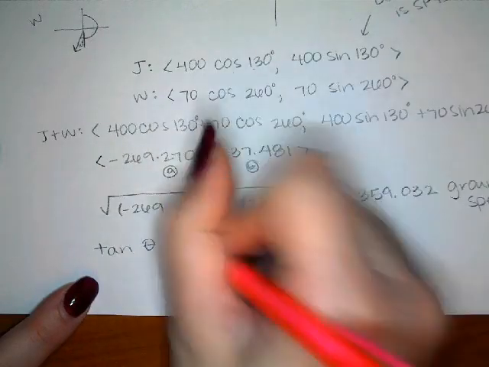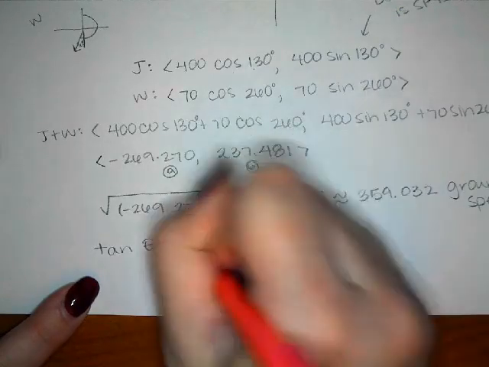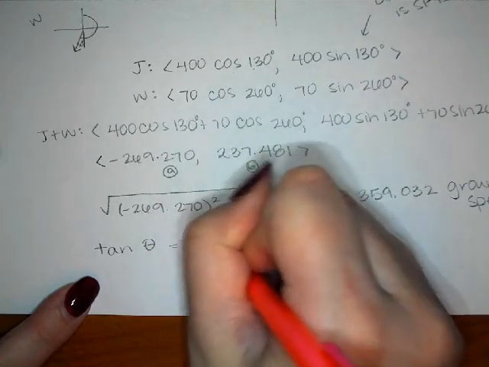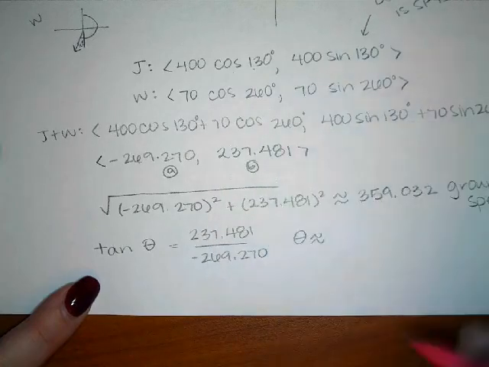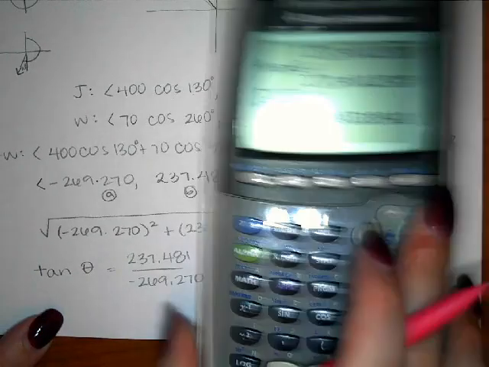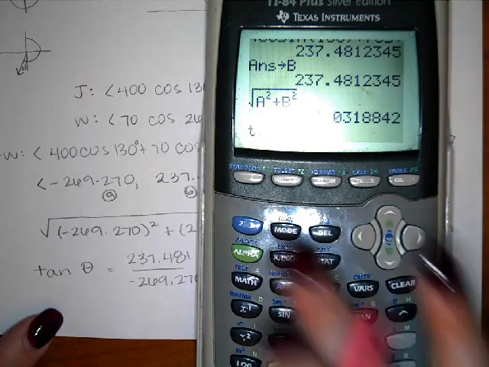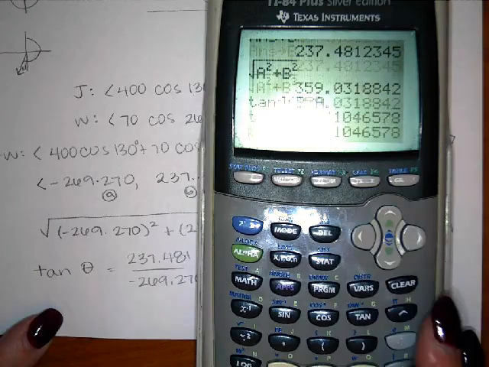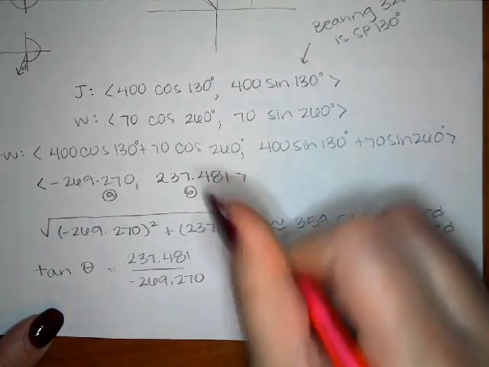So tan inverse of vertical divided by horizontal, negative 41. That is not a quadrant 2 answer. This is a quadrant 4 answer, and so I'm going to have to add 180 degrees to make it a quadrant 2 answer. Okay, so 138.59 degrees.